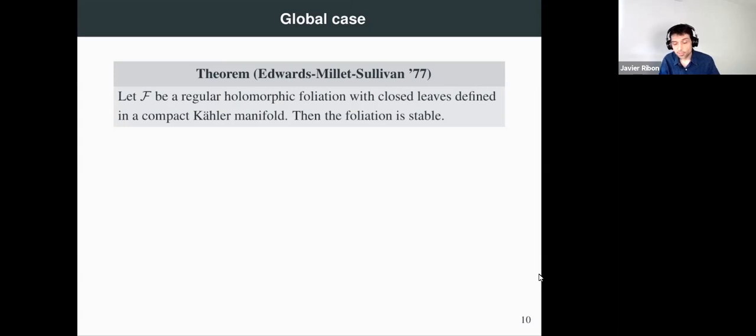And there is a condition to guarantee that such a foliation with closed leaves, in that case with compact leaves, is always stable. In the holomorphic setting, the simplest corollary of their theorem, a corollary that they present in the paper, is that if you have a regular holomorphic foliation with closed leaves defined in a Kähler manifold, then the foliation is always stable, meaning that the holonomy group of every leaf is finite.